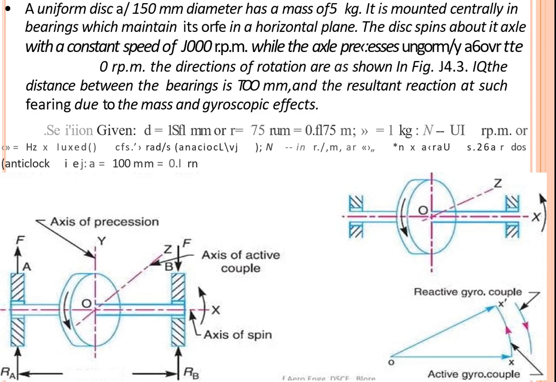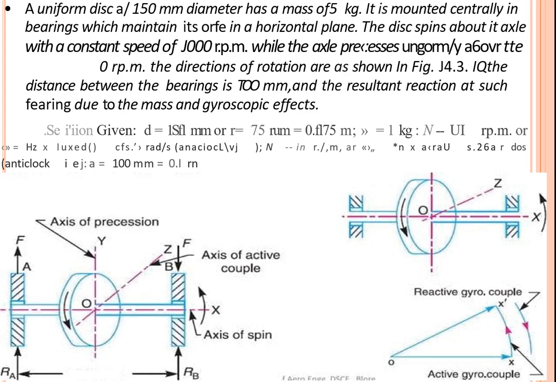Here he defines a problem: a uniform disk of 150 mm diameter with a mass of 5 kg is mounted centrally in bearings, which maintain its axis in the horizontal plane.